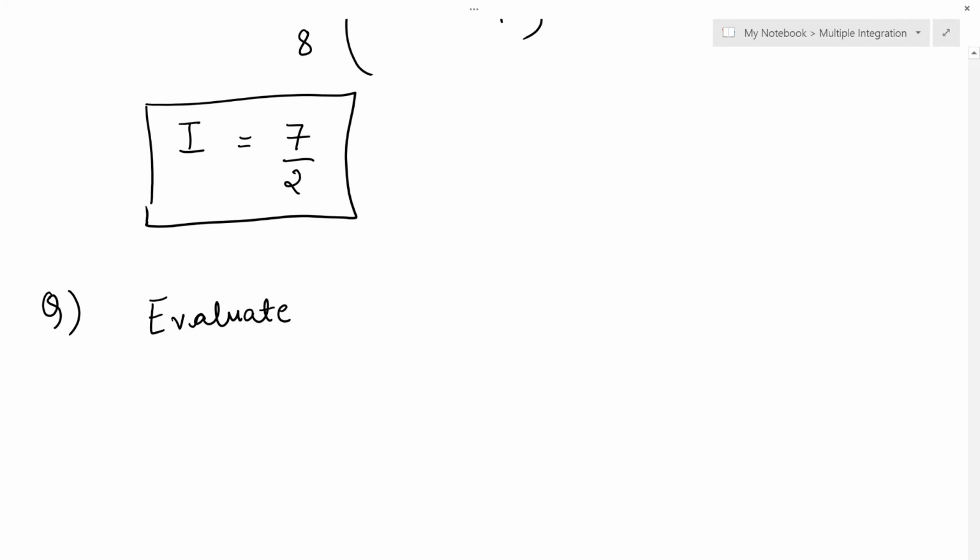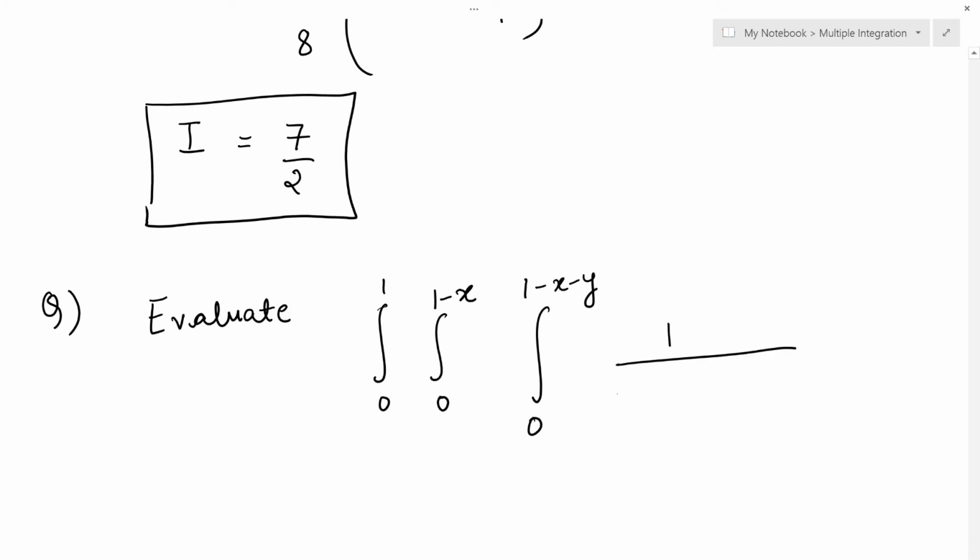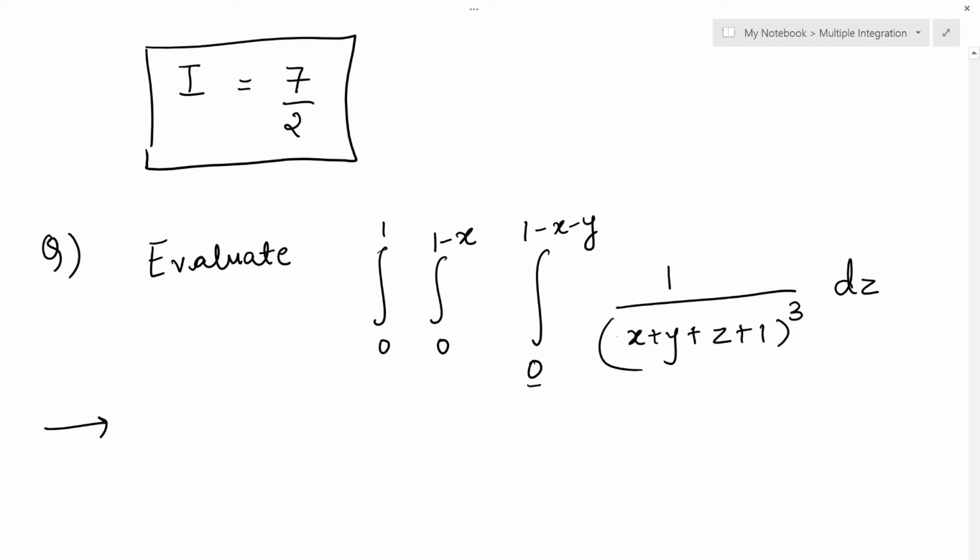Take the next. 0 to 1, 0 to 1 minus x, 0 to 1 minus x minus y, of 1 upon x plus y plus z plus 1, the whole cube. Again the same logic. Look at the innermost limits of integration. They are in terms of x and y.